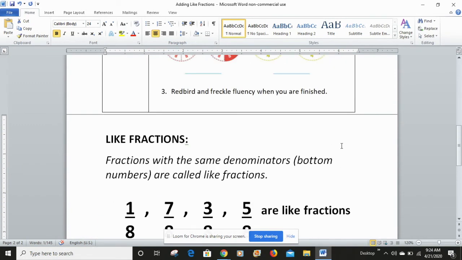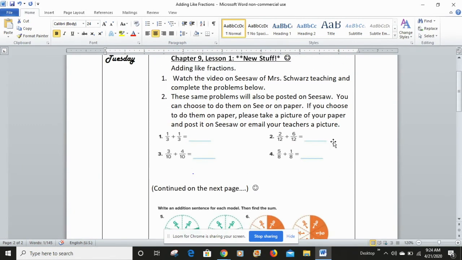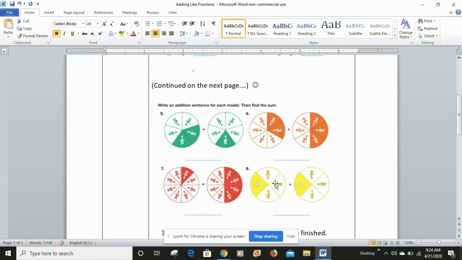Going back to your activities for today, you've got some fractions that you can add together. They all have like denominators. Then we have some pictures, some fraction pieces, and this just helps you visualize. It says write an addition sentence for each model, then find the sum. So how many fifths do you see in green here?